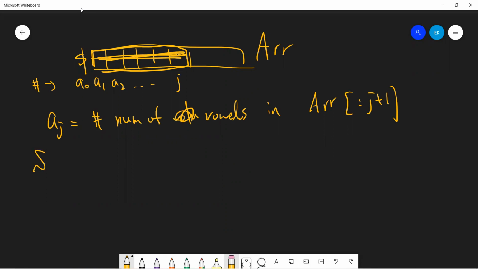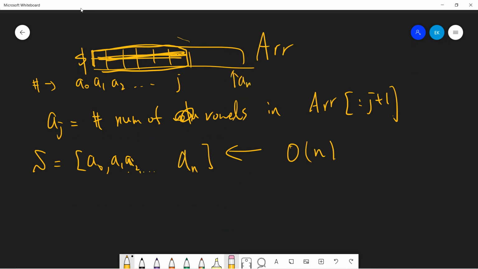I store this into S, A0, A1, A2, and so on. You can compute this in O(n) time; it's trivial because it just counts. Up to An, where n is the length of the array.